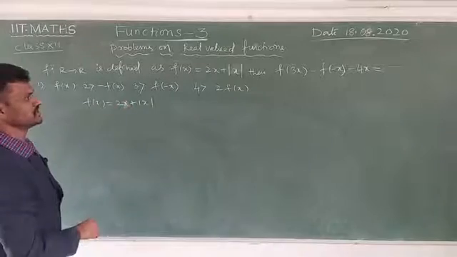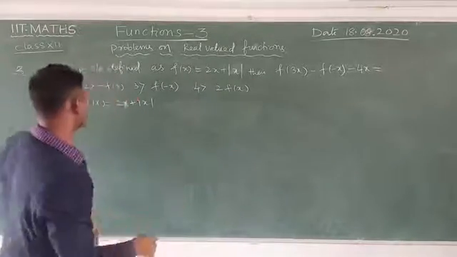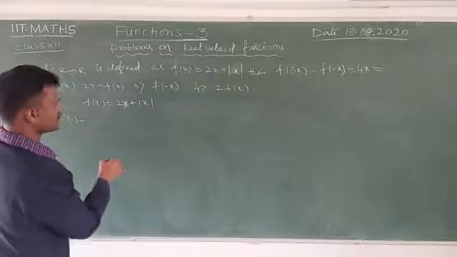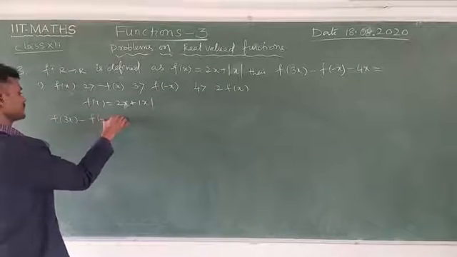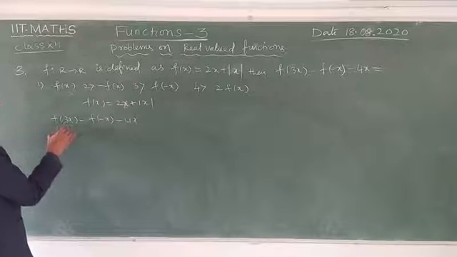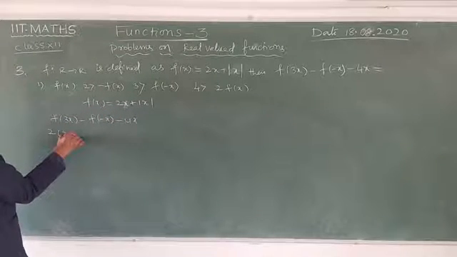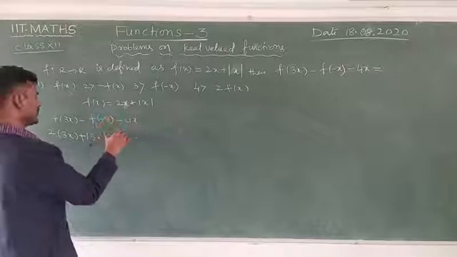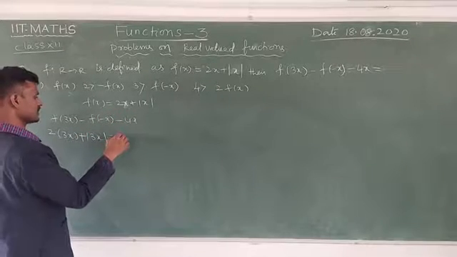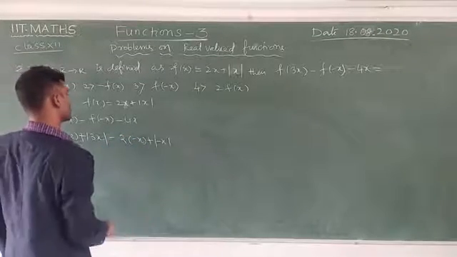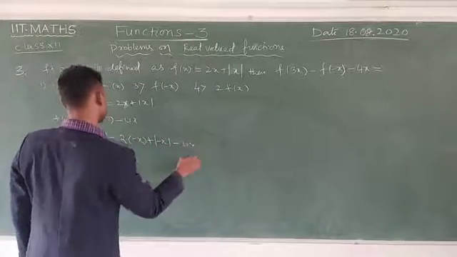Here f of 3x minus f of minus x minus 4x. Now instead of x, you can substitute 3x: 2 into 3x plus mod 3x. Again for this one, minus x we can substitute: 2 into minus x plus modulus of minus x, minus 4x.